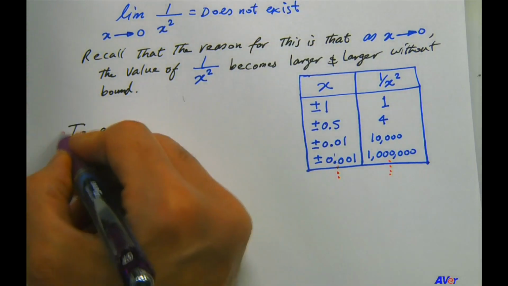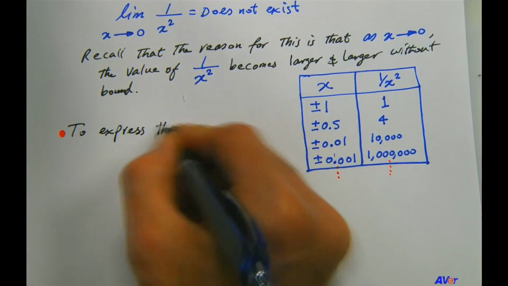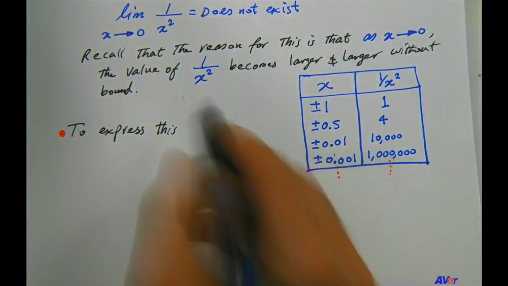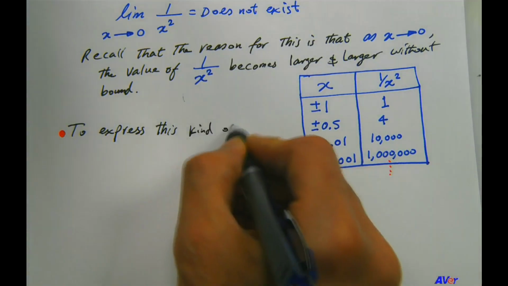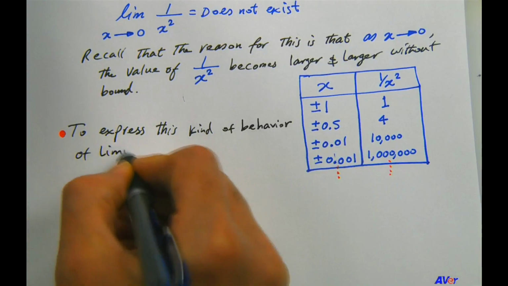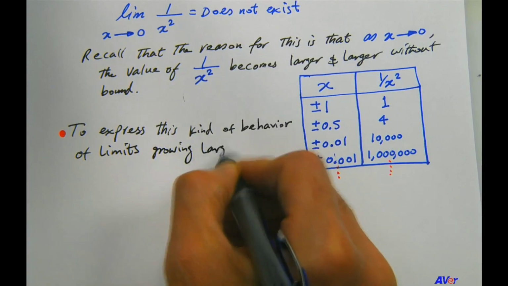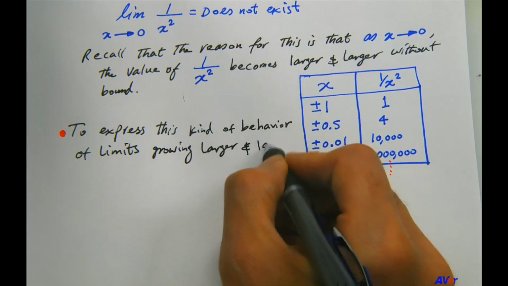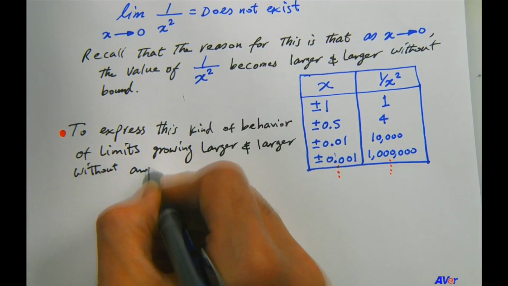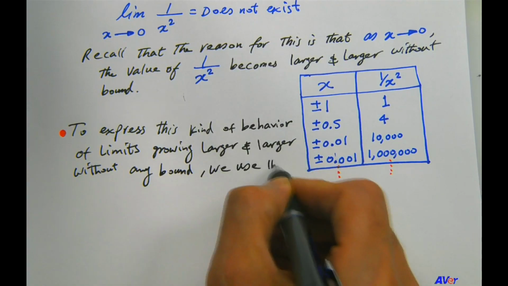And this is critical. To express this kind of behavior that you see, the value of the function getting larger and larger without any bound, we use this notation.